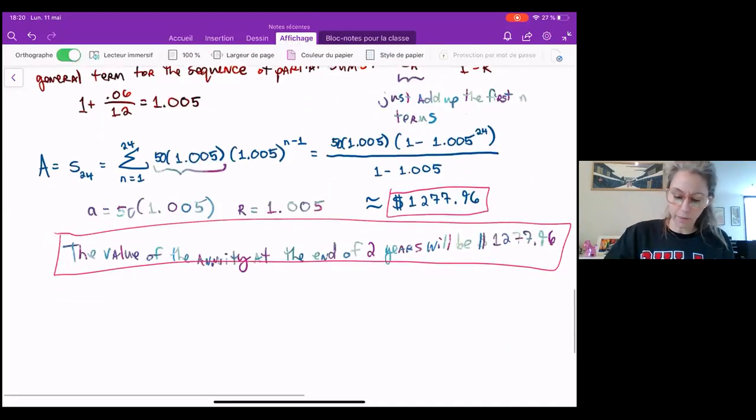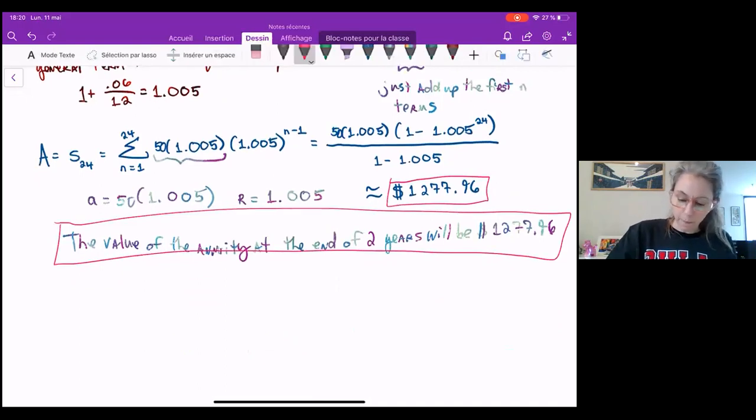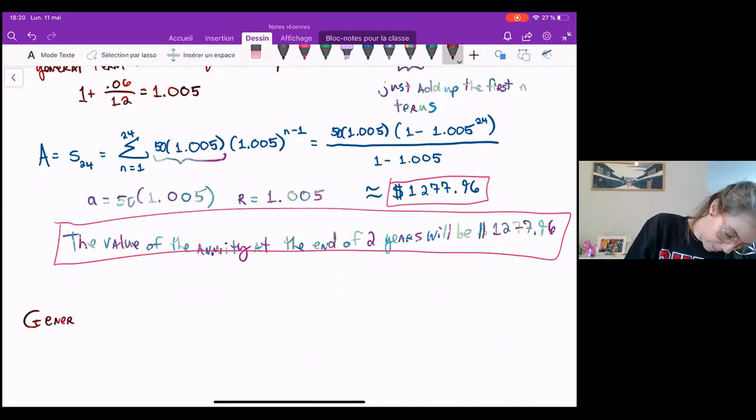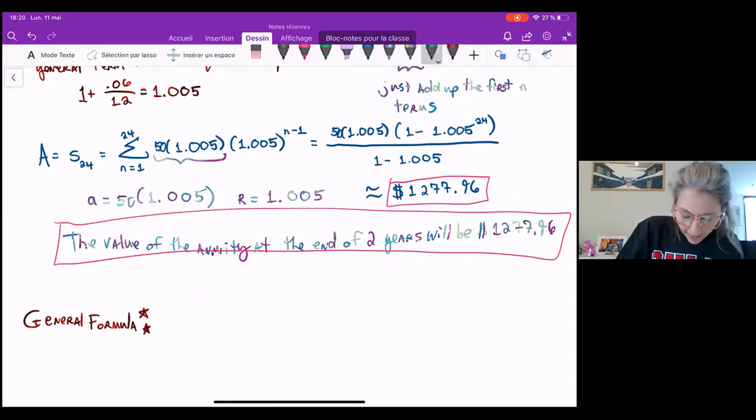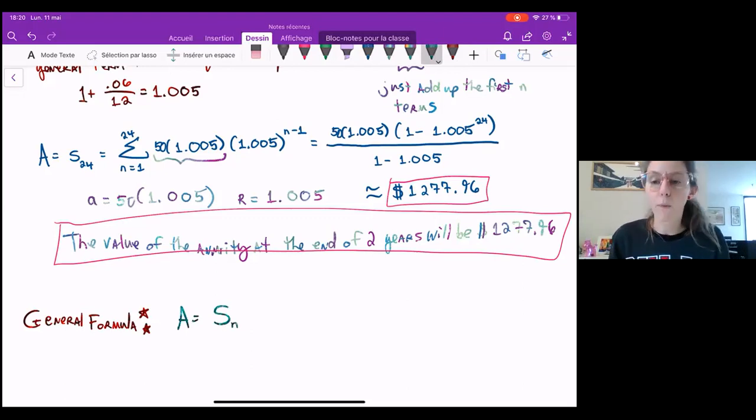More than that, though, from this we can come up with a general formula using the variables that we defined to start with. This is what's going to be the most important. My general formula is that A is equal to S sub n, and remember we defined n to be MT, the number of compoundings in total.